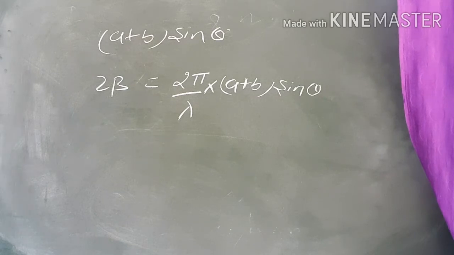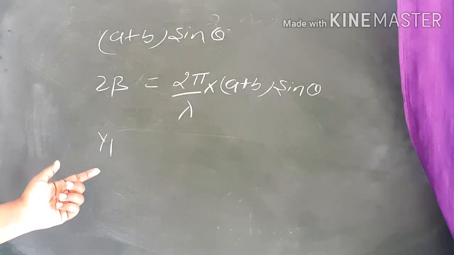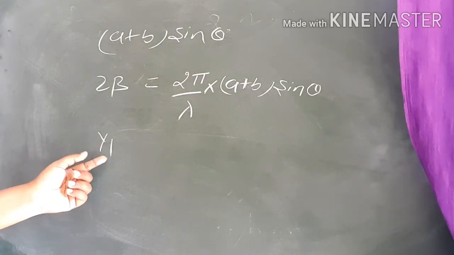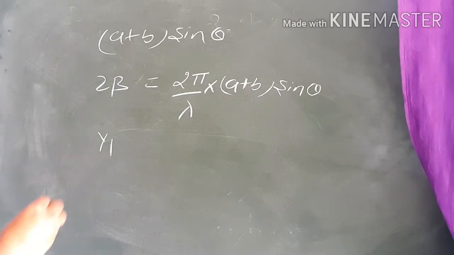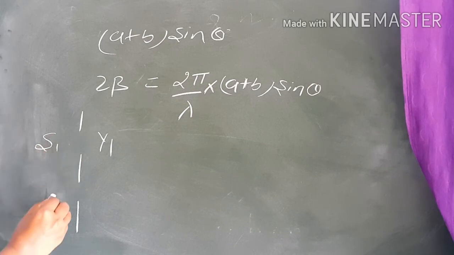And suppose y1, y2 are the displacements of the wave from the two slits. Suppose y1 is the resultant of all waves from a single slit. These are two slits, S1, S2.